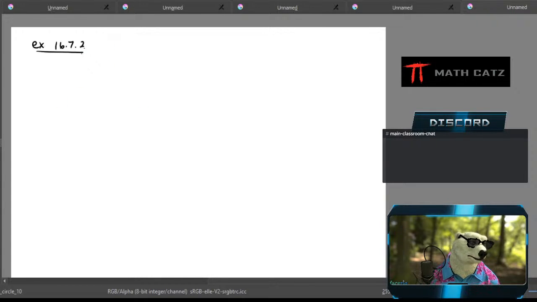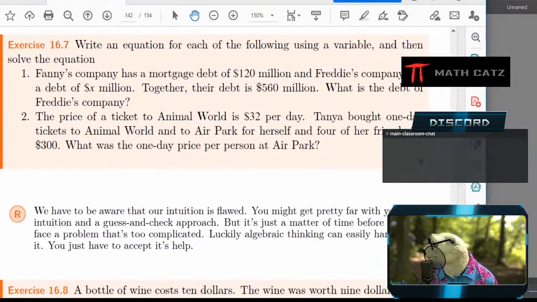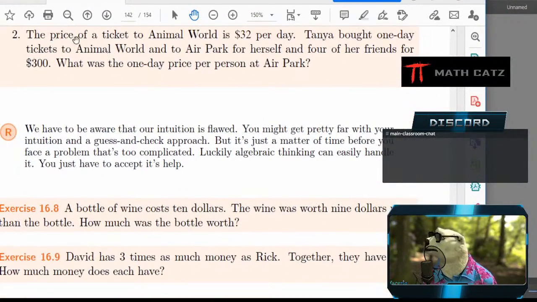They, let me check, define a variable for me. They give me information, information, information. There is no variable defined for me. Okay, so I definitely have to do step one. Now, they ask, what was the 1-day price per person at Air Park? Well, they tell me the price to Animal World, right?